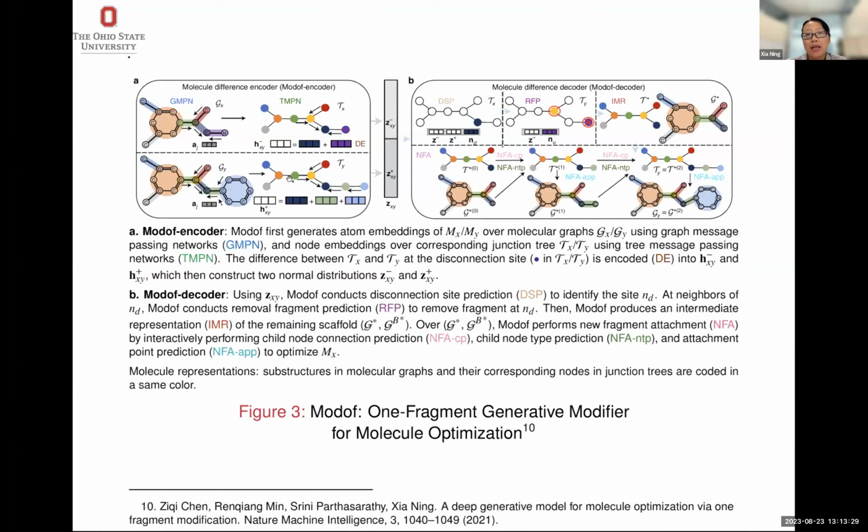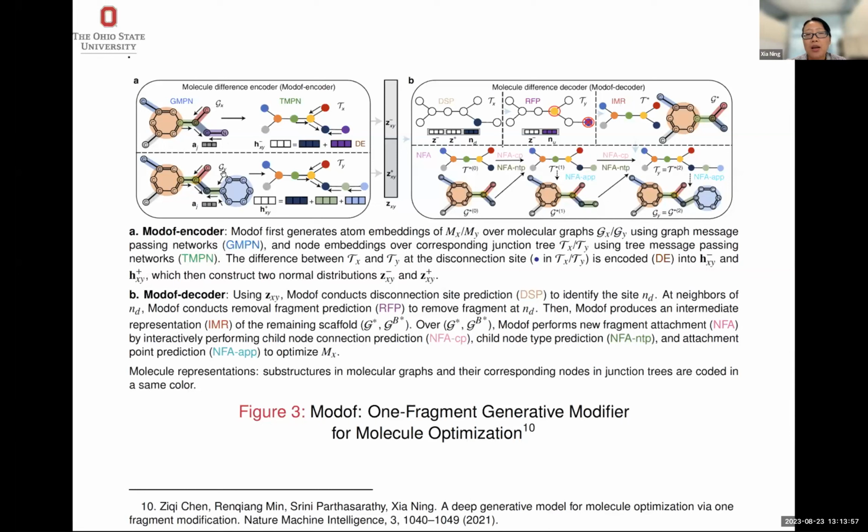In the encoder, we really want to learn the difference of structures that is related to the difference of their properties. For example, these two small molecules are very similar except at a particular atom here. In the first small molecule, I believe this carbon is connected to a nitrogen, and in the second one, the carbon is connected to another ring.